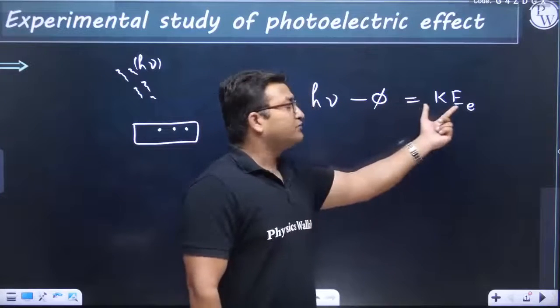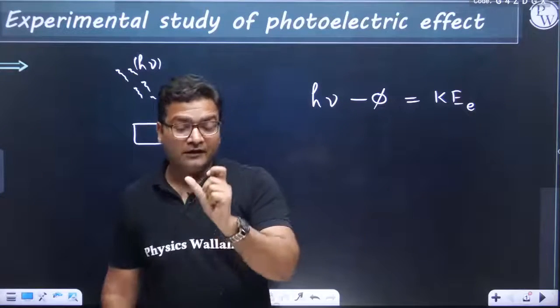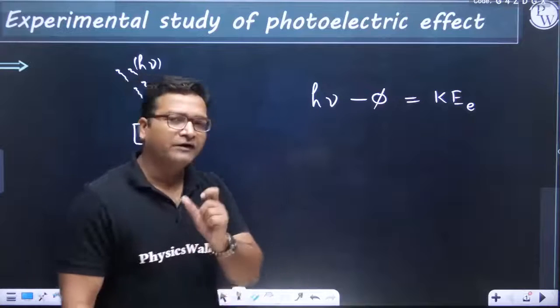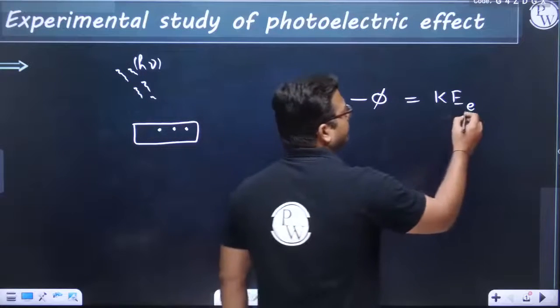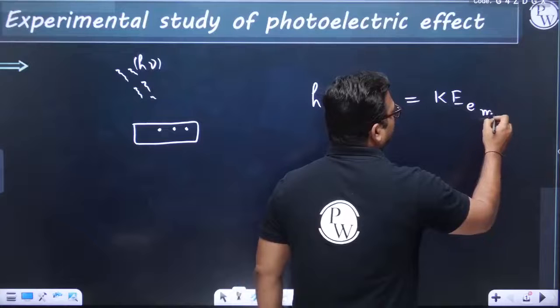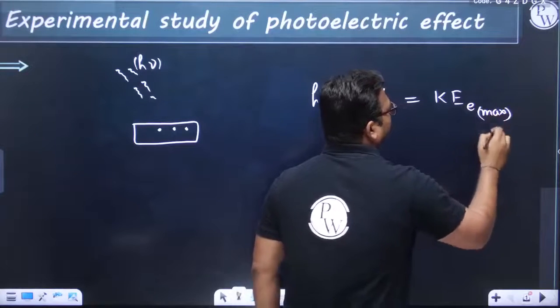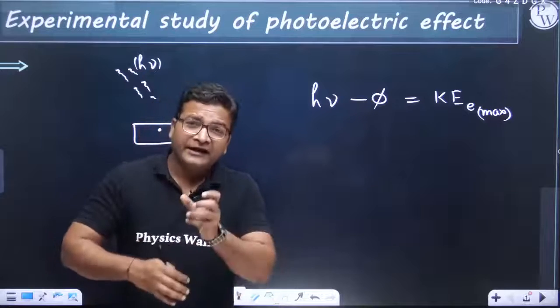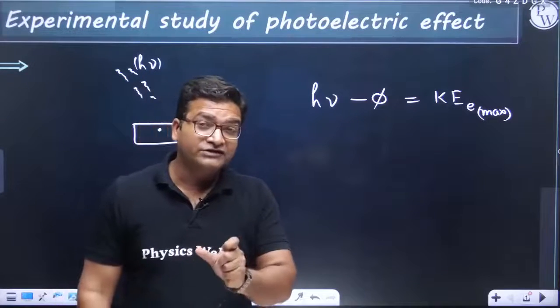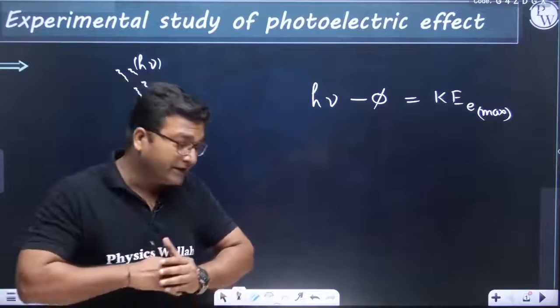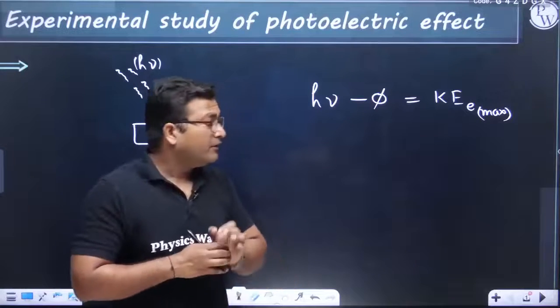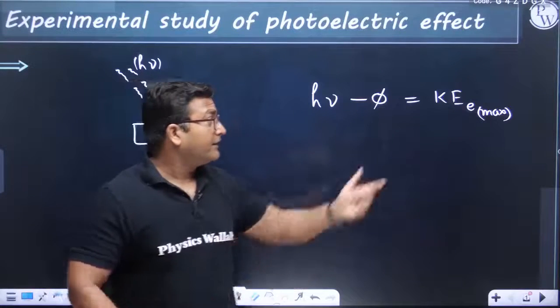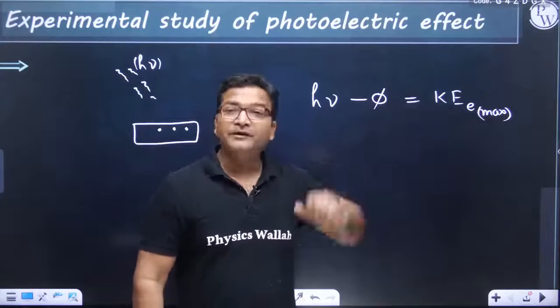So this is actually the maximum kinetic energy of the fastest electron. As we have no clue how much energy electrons will lose during collisions, we cannot calculate the energy of each electron, but we can calculate the kinetic energy of the maximum energetic electron.